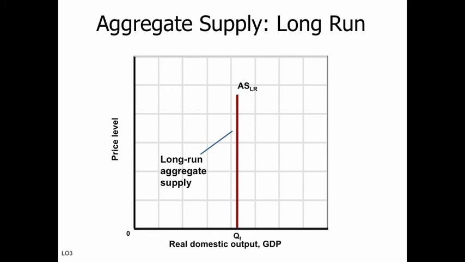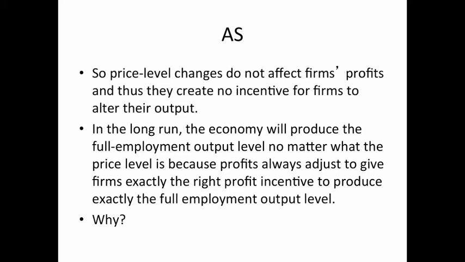So first of all, just a graphic, that's what it looks like. Again, it's the long run aggregate supply curve. Again, vertical at the level of full employment. So why is it vertical at the full employment level of output?